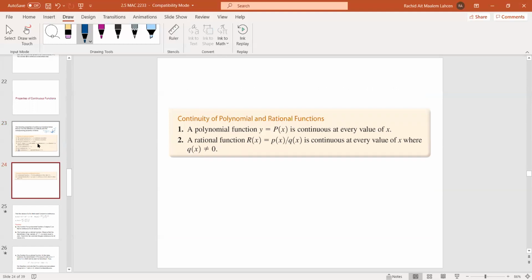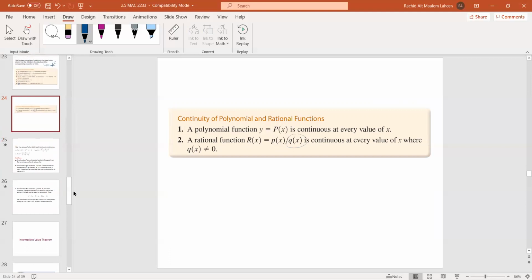Those are not something to worry about, but to understand continuity and its 3 conditions, that's the most important. Polynomials are continuous. Rational functions are continuous everywhere except, of course, where the denominator is 0. So one thing to keep in mind, we are interested in the continuity, right?